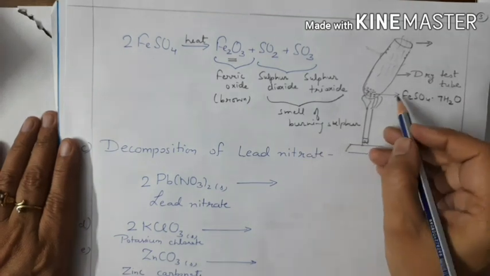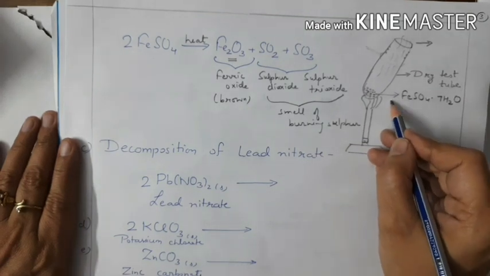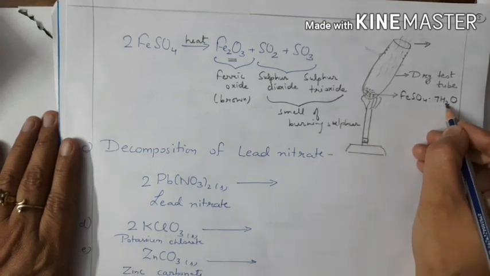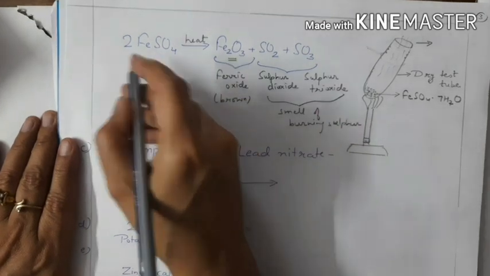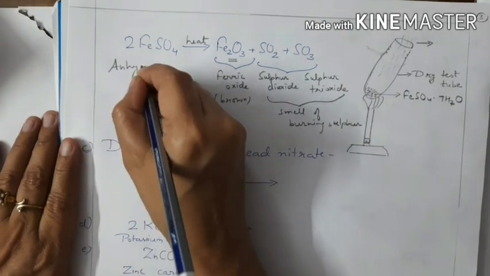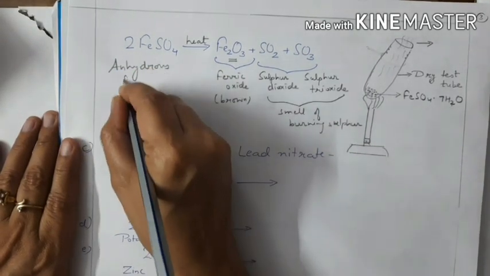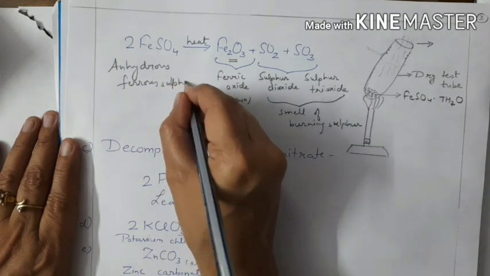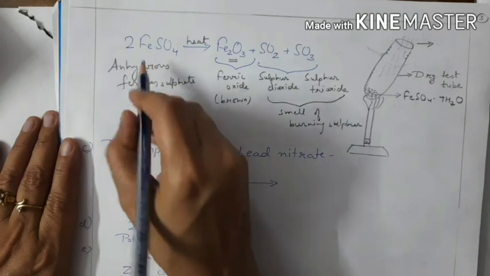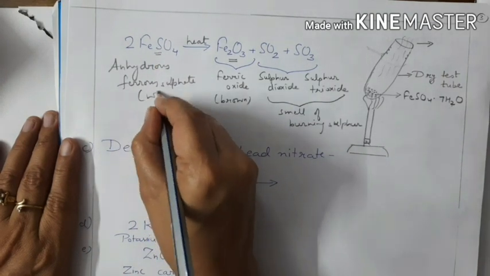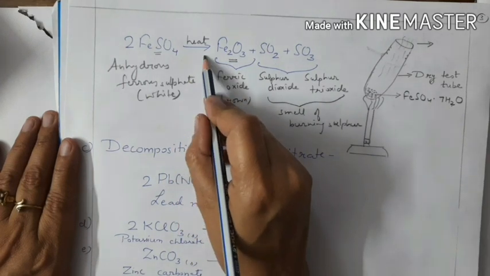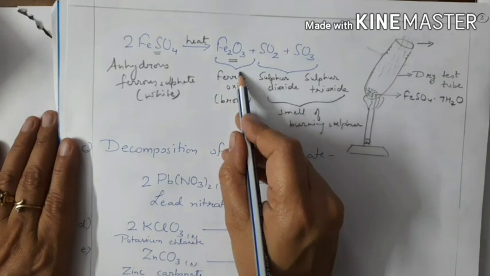So when we carry out this particular reaction, initially we find that when it loses its water molecules of crystallization, it gets converted into an anhydrous ferrous sulfate. Initially, this compound, which was green in color, changes into a white colored powdery substance, which on heating further decomposes into 3 substances.